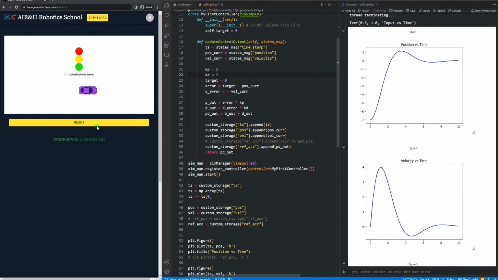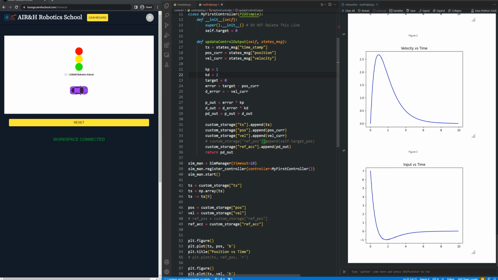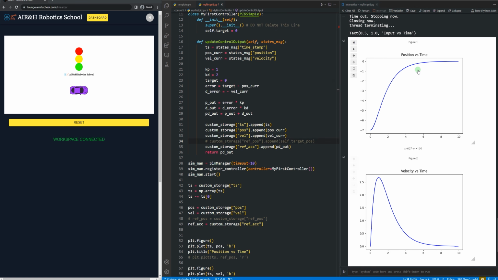Before I do that, let's not forget to reset the car and run. So it's kind of slowing down a lot better than the previous one, and then I think it eventually stopped at 0 position. Like that. So eventually we stopped the car at the 0 location.